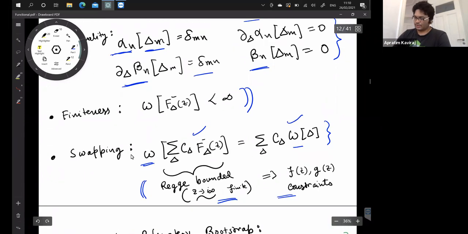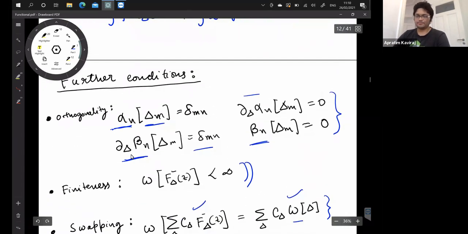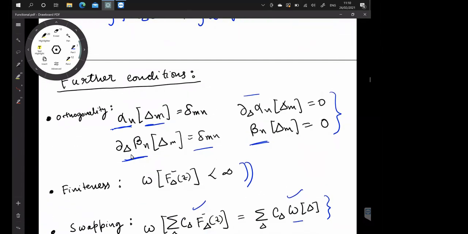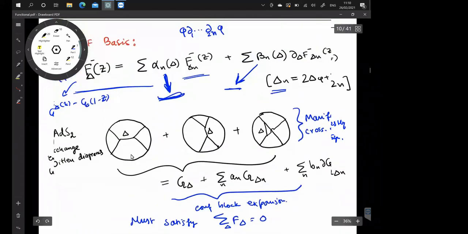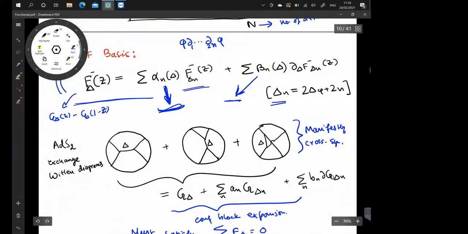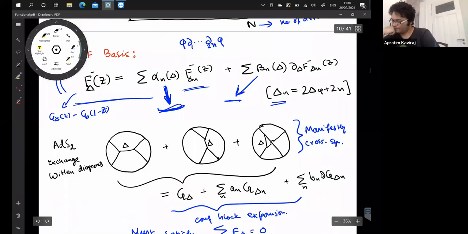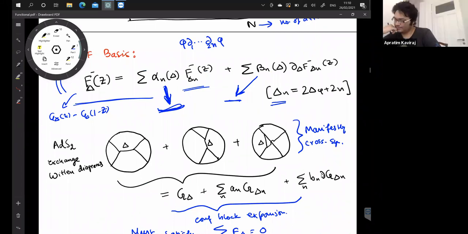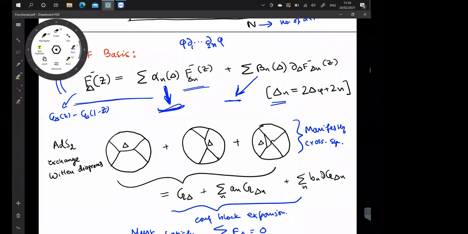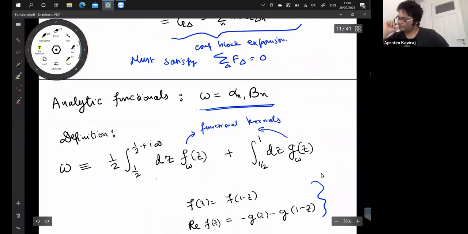So, are there any questions in this part? Can you go back to two slides before where you gave this expansion? Sure. Okay, so this was the expansion in terms of this basis. So now the aim is to determine alpha n and beta n, is it? Right. And now in the next slide, you are defining this omega with given f delta z.